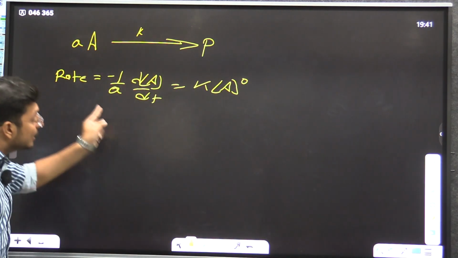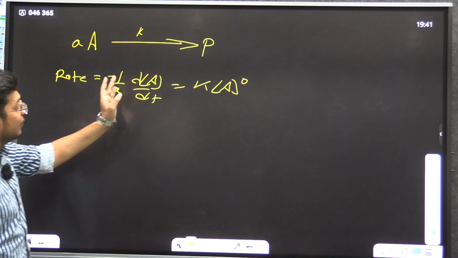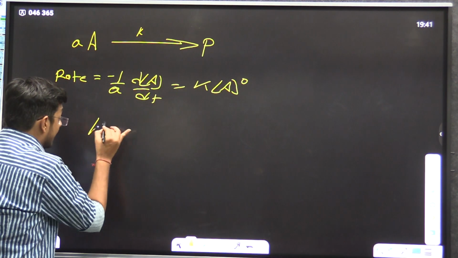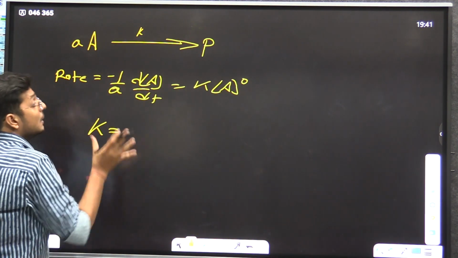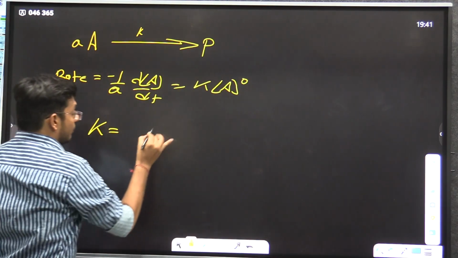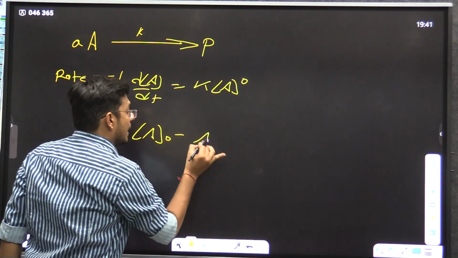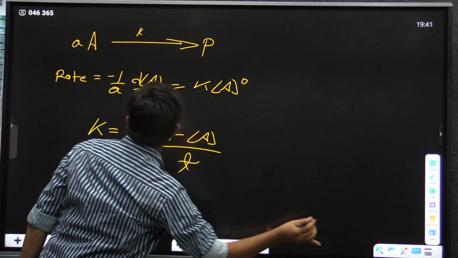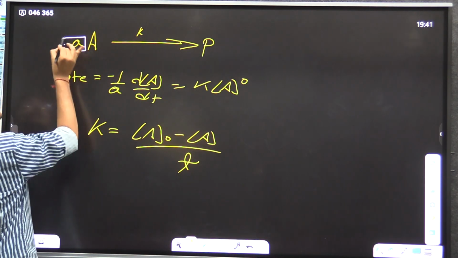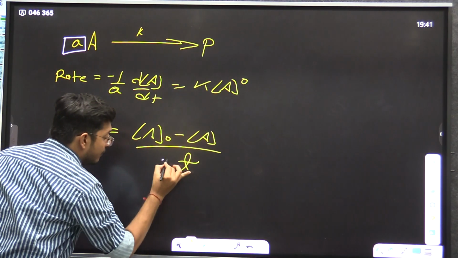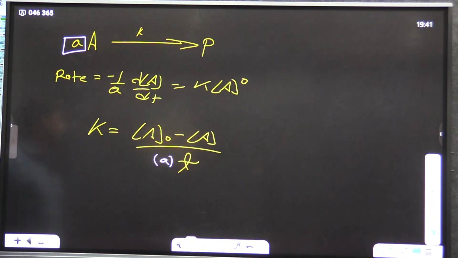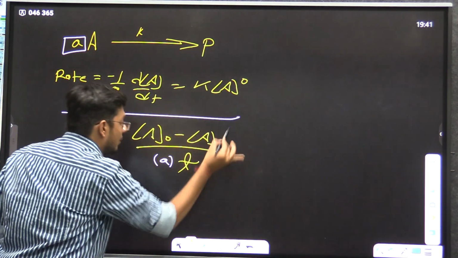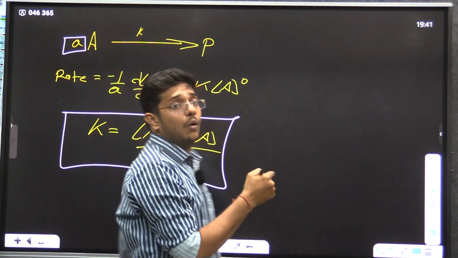And again on the complete derivation, I am not going to go for the derivation, I am just writing or changing the formula. Before the formula was A naught minus A by T. Now my dear, the formula will change. What is the change in the formula? This stoichiometry will come over here. That means the rate constant will change now.